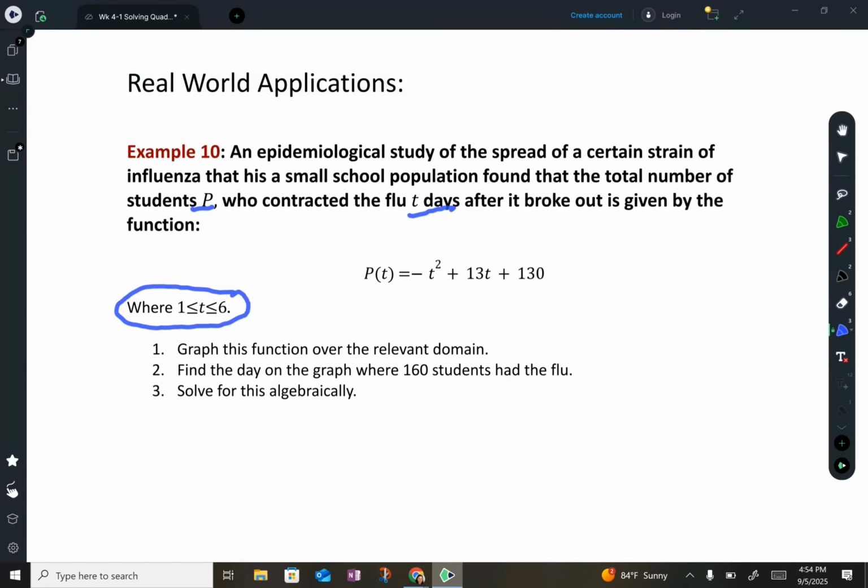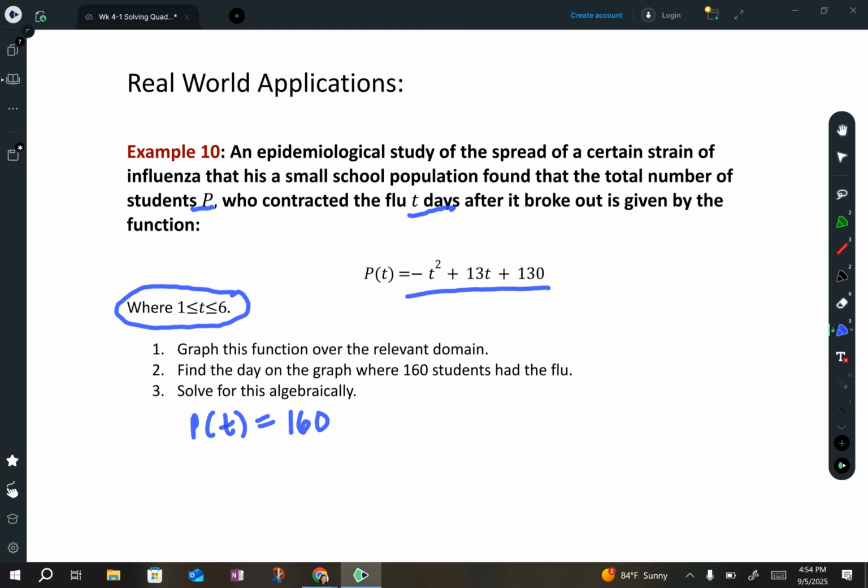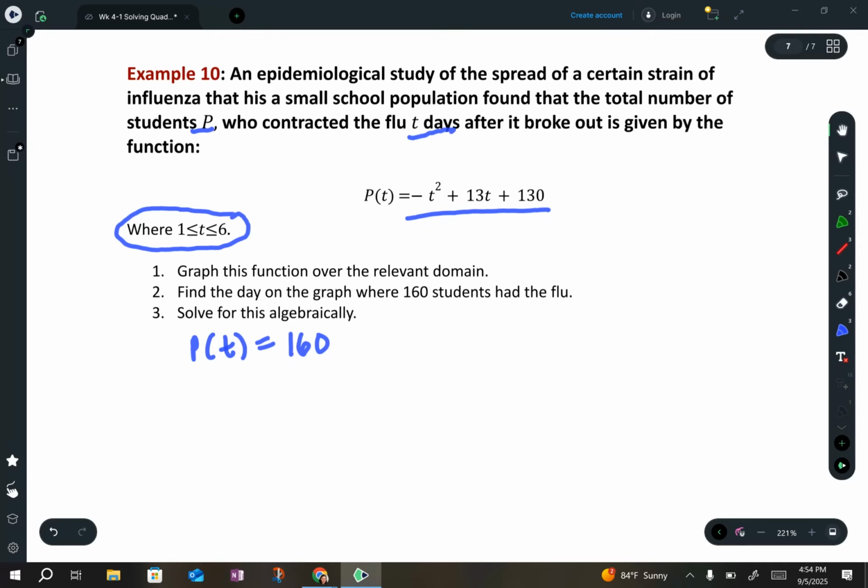And finally, they want me to solve for this algebraically. So let's go ahead and do the algebra. What I want to know is when P of t equals 160. But P of t is given by this function, so I want to know when that function equals 160.